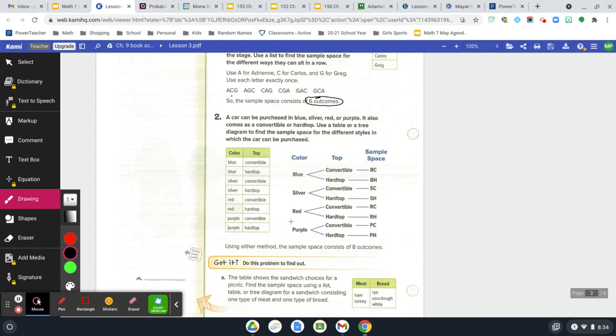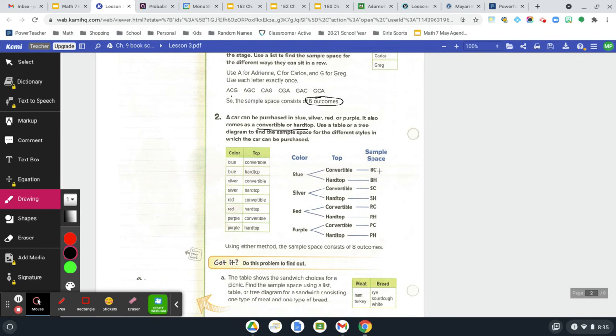Those are the different colors you can buy. You start with that. Then you look at the convertible or hardtop. There are two choices there, so you draw two branches from that part of the tree and list the kind of tops: convertible and hardtop. Then over here you're going to see the sample space. You can buy the blue car and follow the branch that has a convertible top.